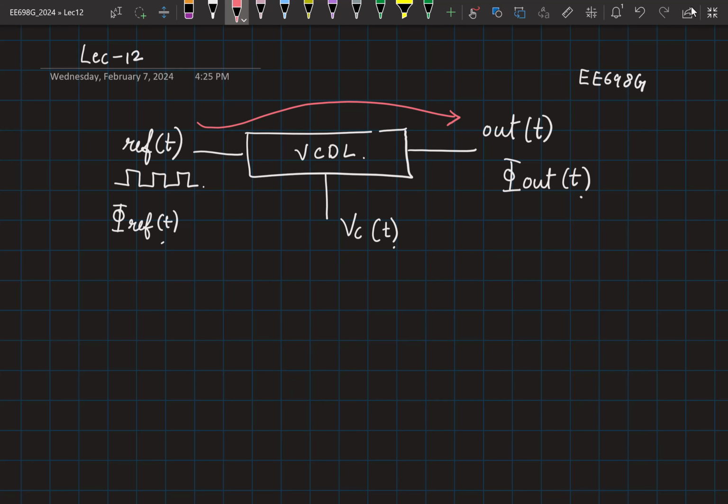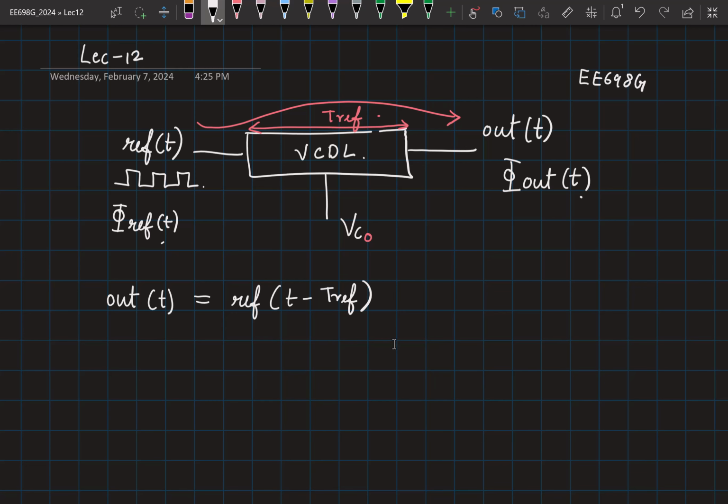So in analyzing this, we have kept our Vc constant such that the delay of the VCDL is our operating point delay, which is T ref. We saw how the waveforms have come out. Let us quickly see if we are able to derive this from the equation. So out of T is simply reference of T minus T ref.